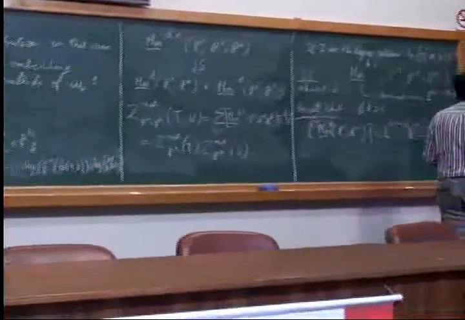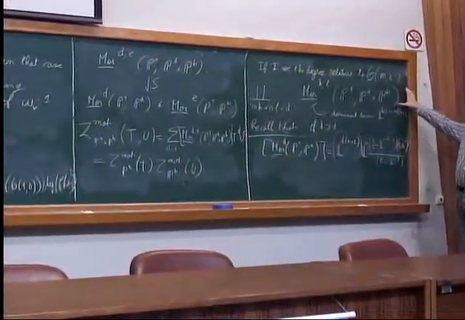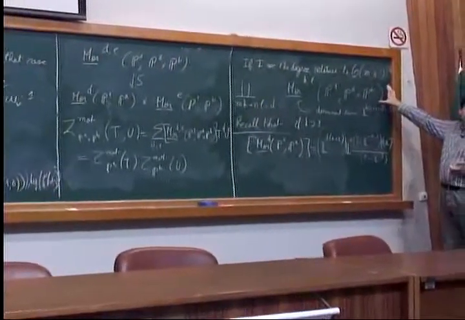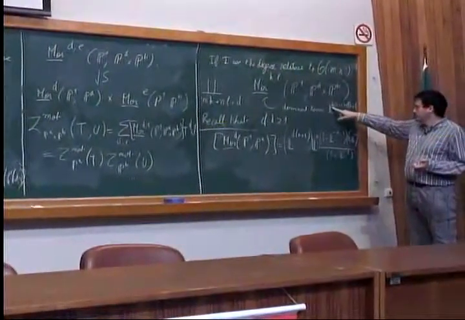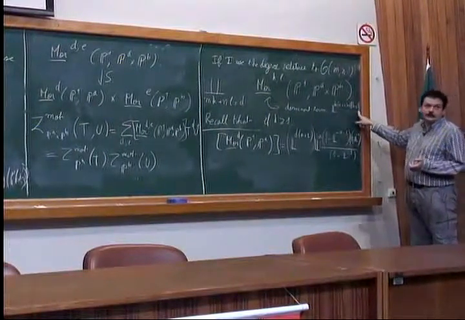Okay, so what you get is that if you want to look at the component of the highest dimension, you have to look at the term for which this expression is bigger.